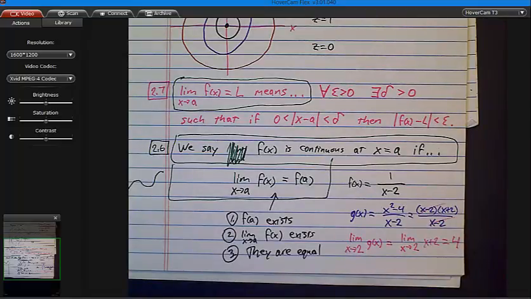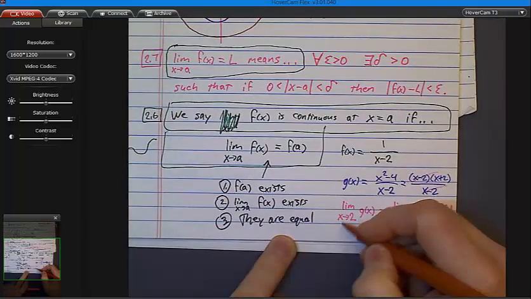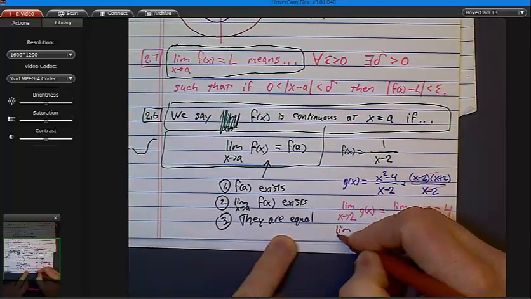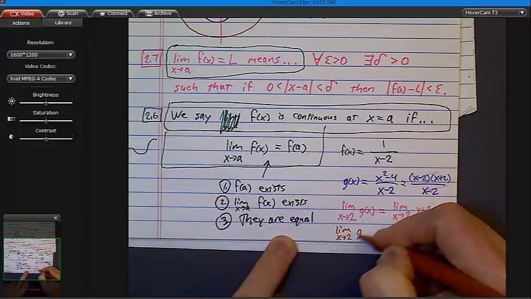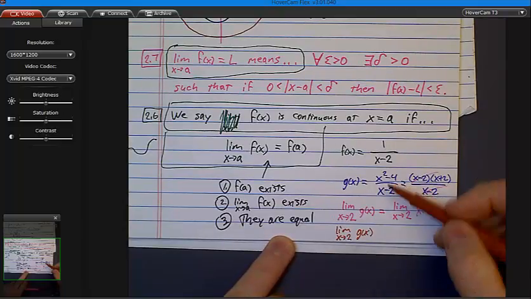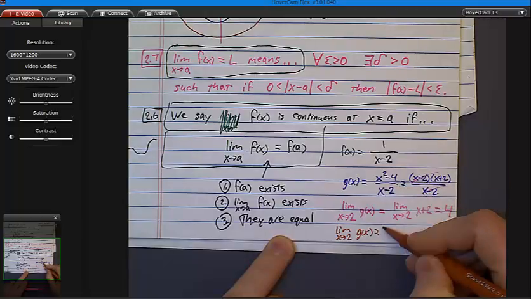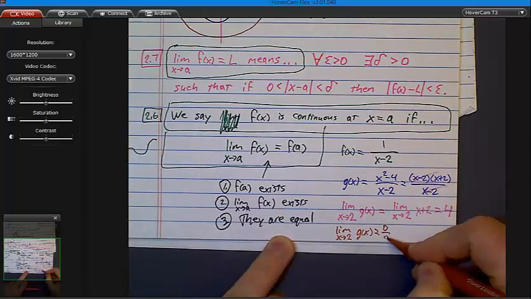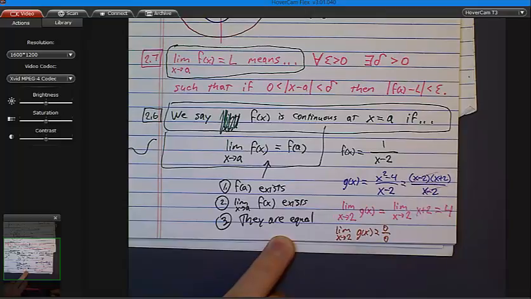And I want to point out that Aaron mentioned something called L'Hopital's rule. So it also turns out that the limit as x approaches 2 of g of x. See, if you thought, oh, I'm going to just substitute in 2, what would you get? You would get 0 over 0, right? Do you remember what that's called?